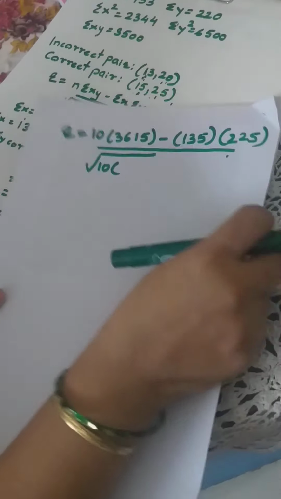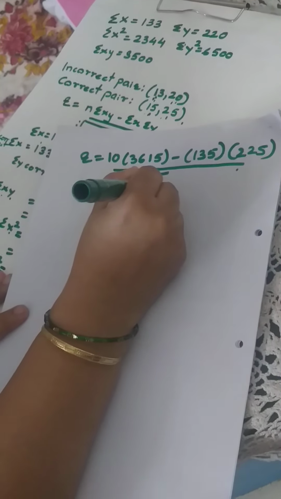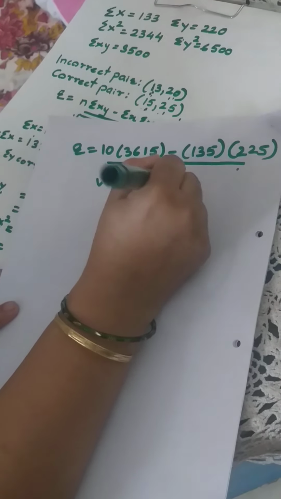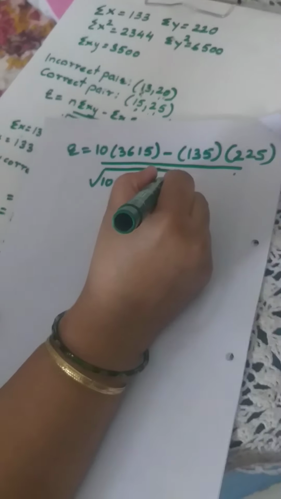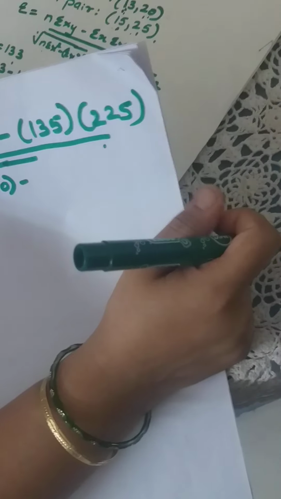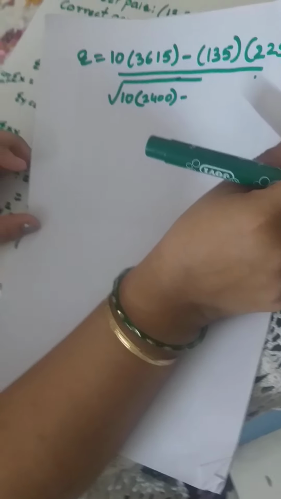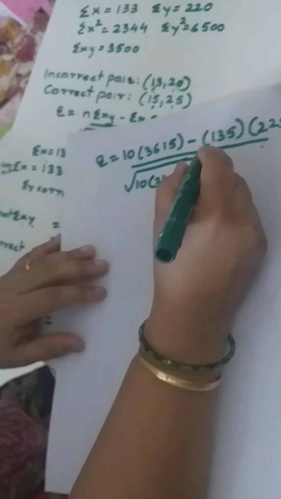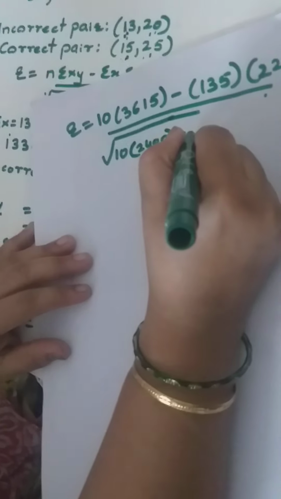So that was 2400 minus summation y whole square. So summation y is 225. So I can substitute all these values here.